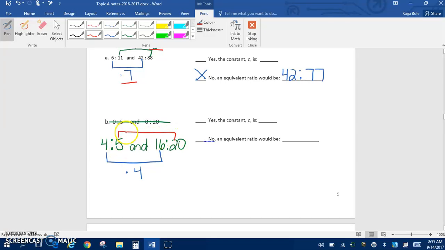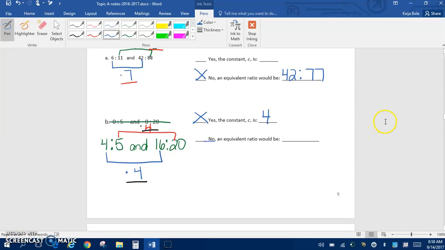And we're asking ourselves, 5 times what gives us 20? And we know that 5 times 4 gives us 20. So since both of these numbers are the same, both times 4, then yes, these are equivalent ratios. So we mark yes here, and the constant is 4.